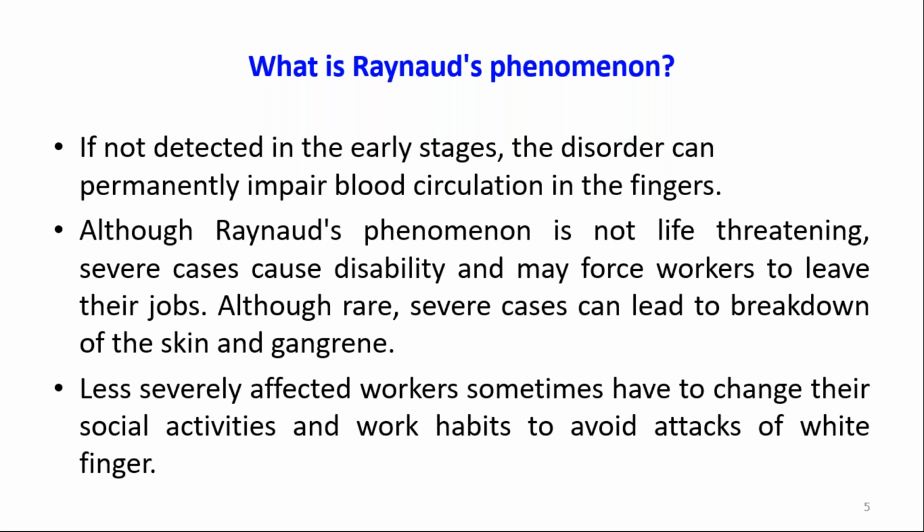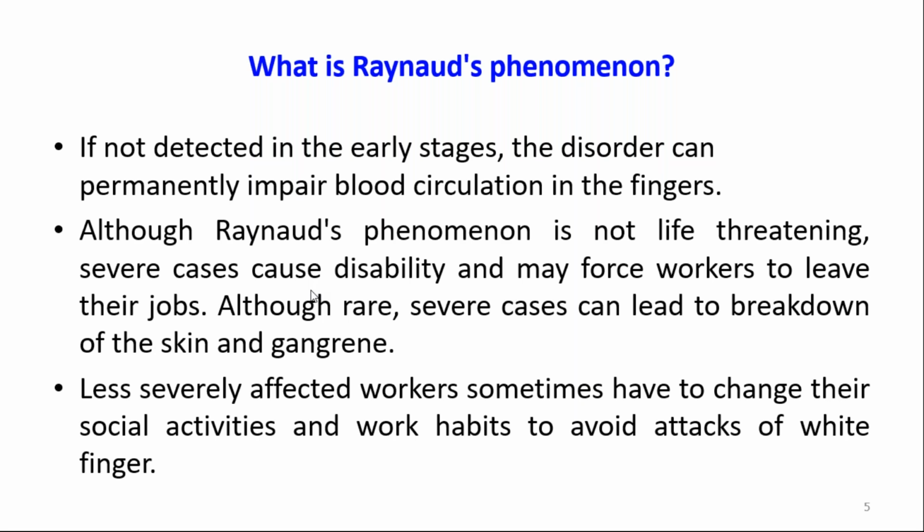Although Raynaud's phenomenon is not life-threatening, severe cases cause disability and may force workers to leave their jobs. So if it is a permanent, long-term case, then you may lose your job due to this impairment of blood circulation in the fingers.